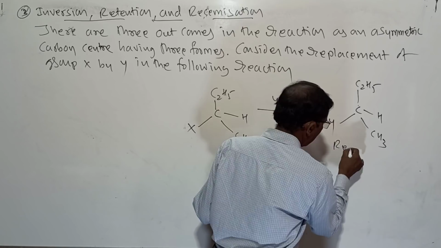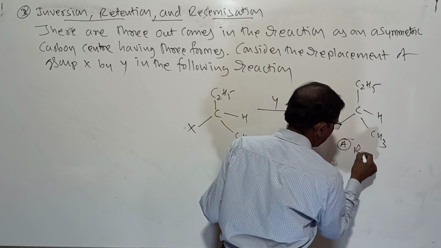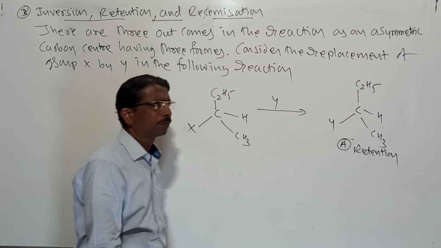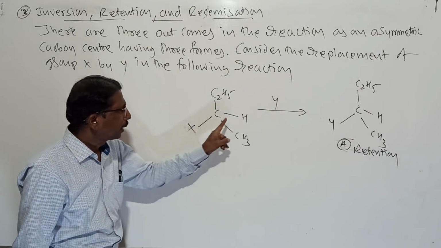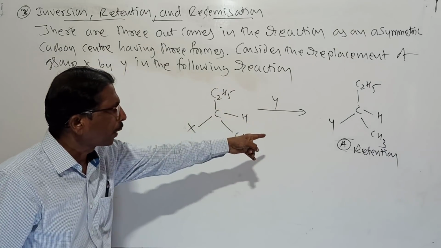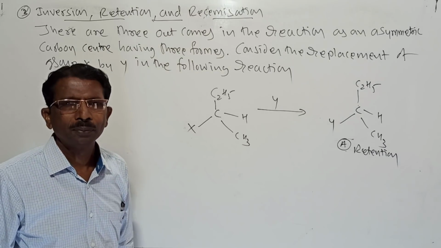It is called A, obtained by retention. X is replaced by Y and the configuration remains as it is. It is called retention.